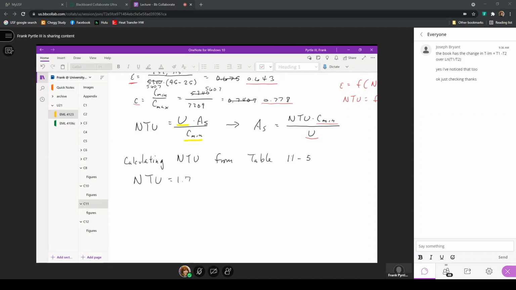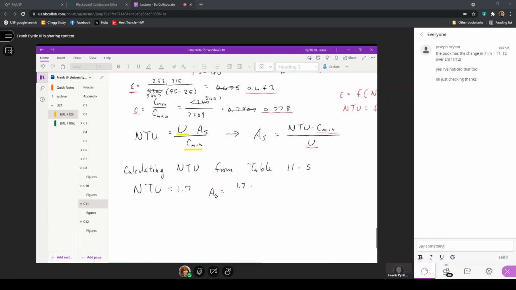Now, the number of transfer units is a unitless expression, just like the effectiveness and the capacity rate ratio are both unitless. But now we can calculate the surface area. It is 1.7 times the minimum capacity rate, which is 5,607 watts per Kelvin, divided by the overall heat transfer coefficient, that was 800 watts per meter squared Kelvin.